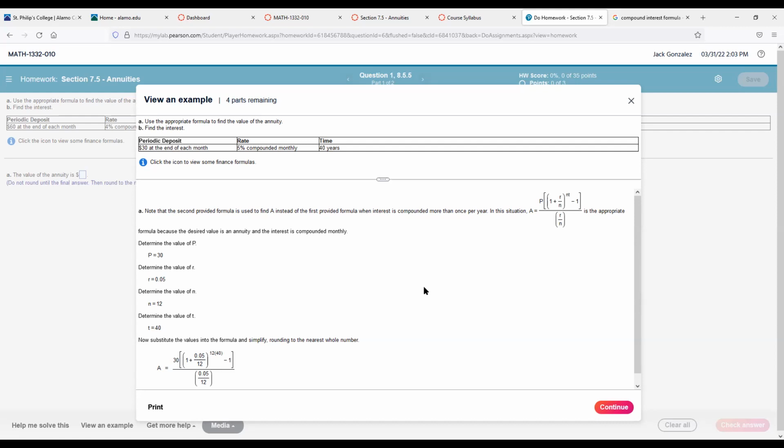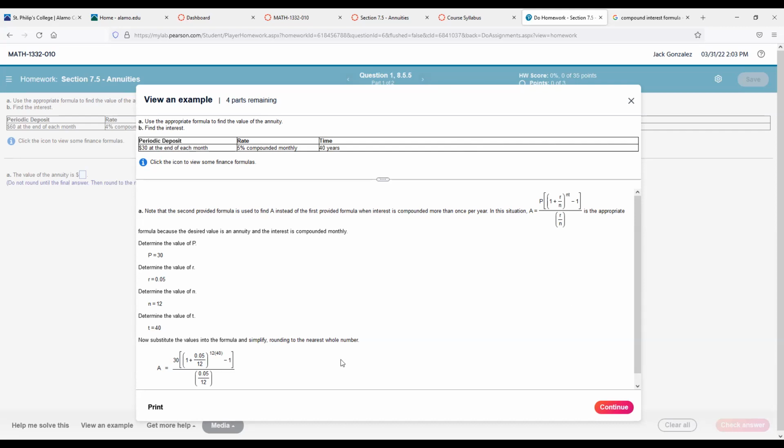N times P over R times one plus R over N to the NT. I'll show the screen in just a second. Because nobody can see it yet. Sorry. Here.